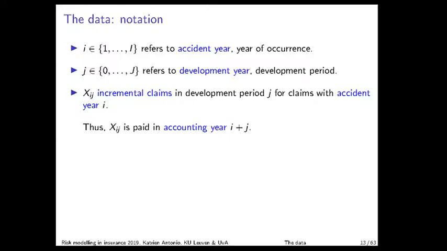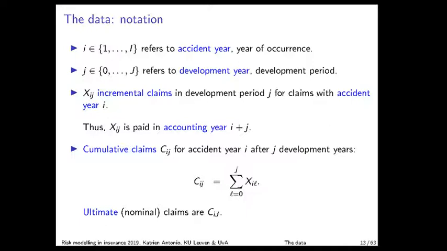Taking a cumulative point of view, C_ij is the cumulative amount paid up until and including development year j for accidents that occurred in year i. Ultimately, a total amount C_iJ, with capital J, is paid in the final development year J for claims that occurred in accident year i. And the final development in our cumulative runoff triangle would be the last column in the triangle.